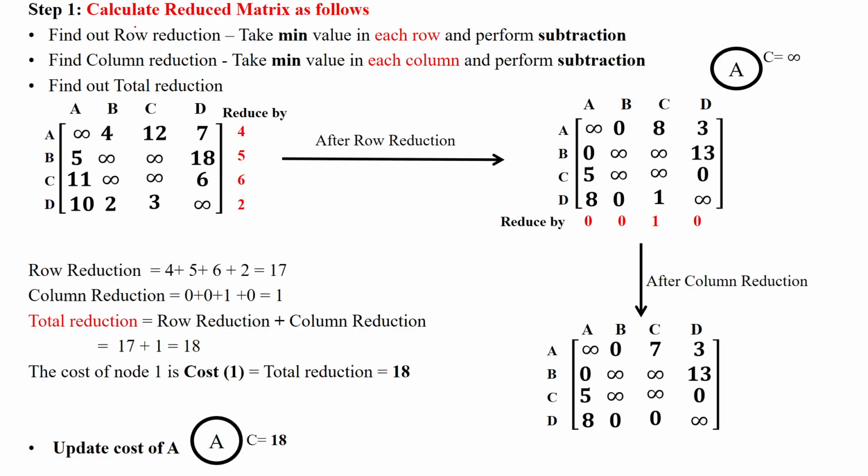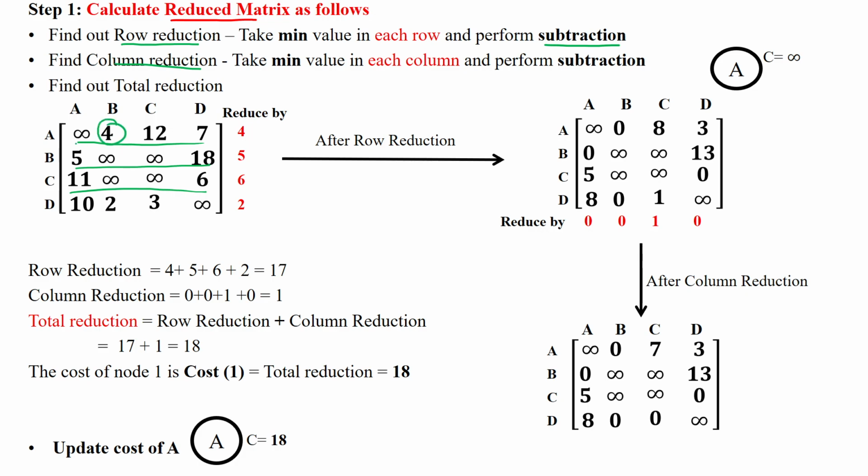Now the first step is to calculate the reduced matrix. To calculate the reduced matrix, we have to follow row reduction and column reduction. Row reduction means we select the minimum value from each and every row of the cost matrix, then subtract that selected minimum value.